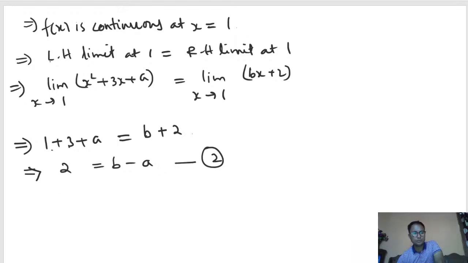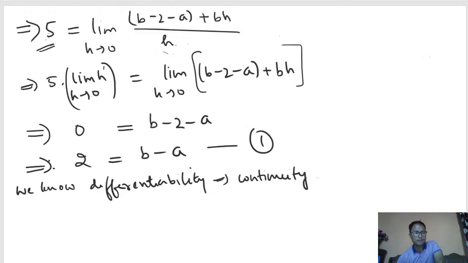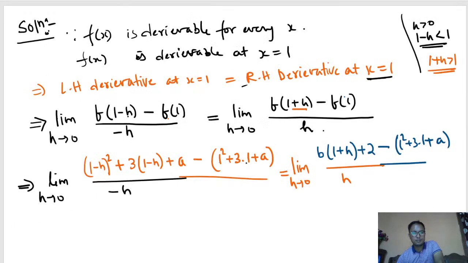Equation number 1 and equation 2 are equal, so 2 is equal to b minus a. Right. For differentiability, we need to change the approach and take the equations.